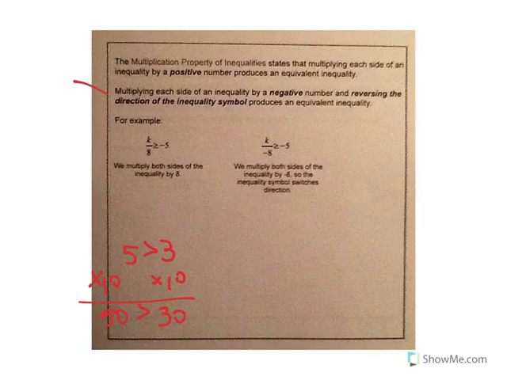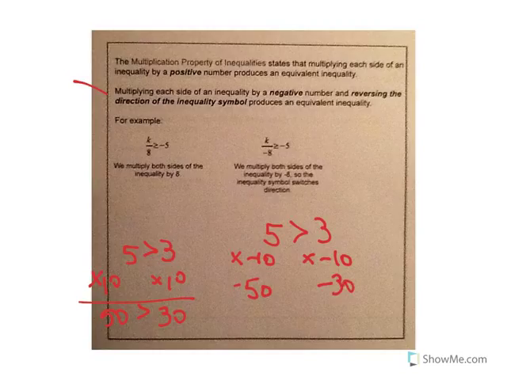Multiplying each side of an inequality by a negative number reverses the direction of the inequality symbol, producing an equivalent inequality. So if we look here, if we have 5 is greater than 3, and we multiply both sides by negative 10, what we have here is negative 50 and negative 30.